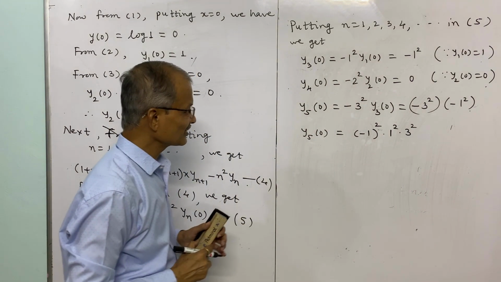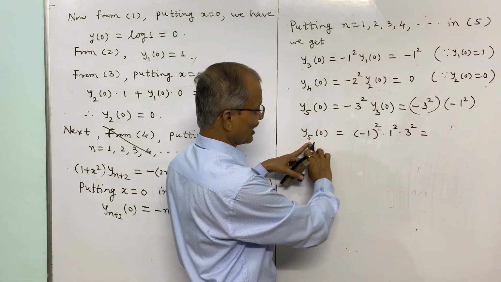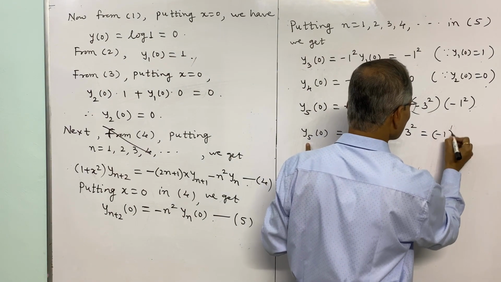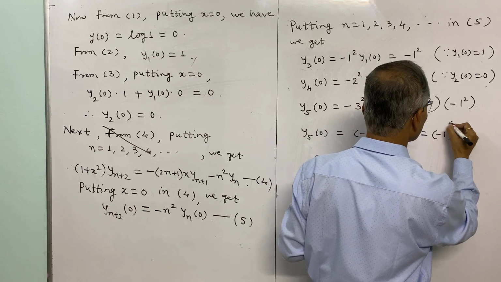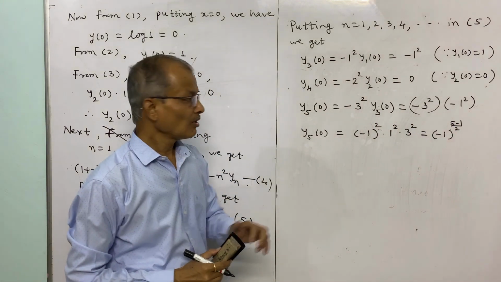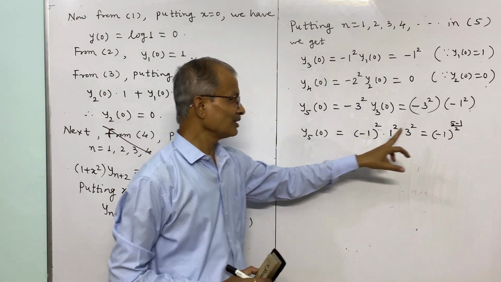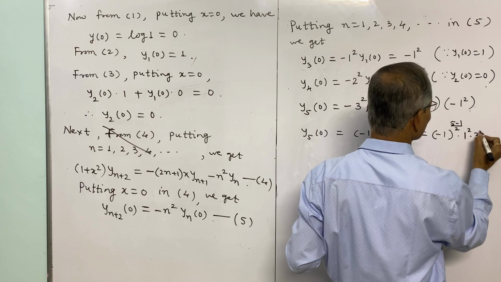And further, this y5 at 0 can be written in terms of this n, and that is minus 1 to the power, which is 2. I shall write this as 5 minus 1 divided by 2. 5 minus 1 is 4, 4 divided by 2 is 2, into 1 square, 3 square.